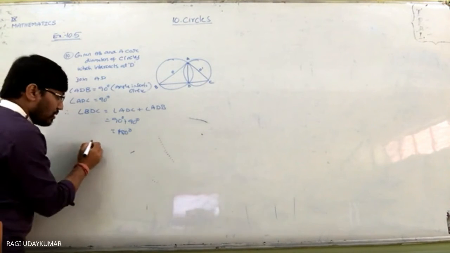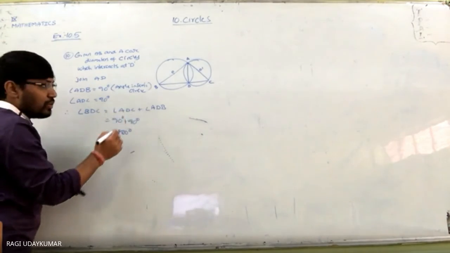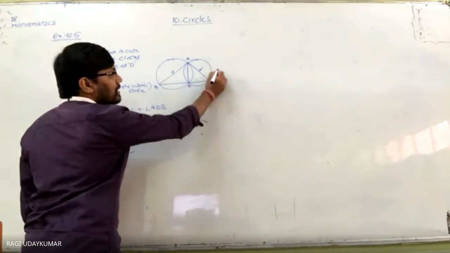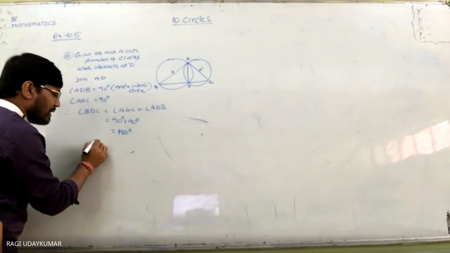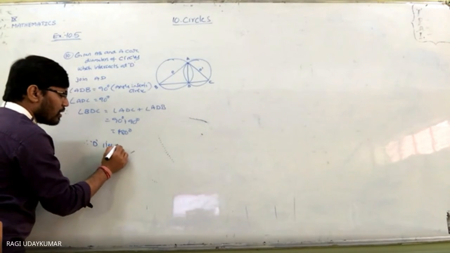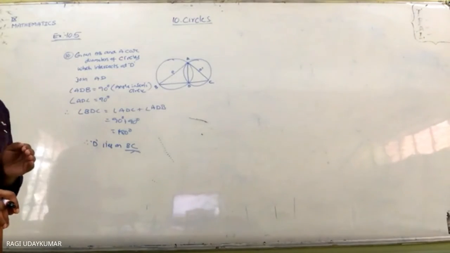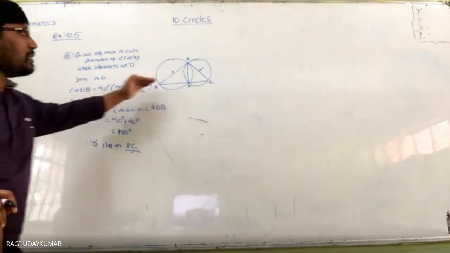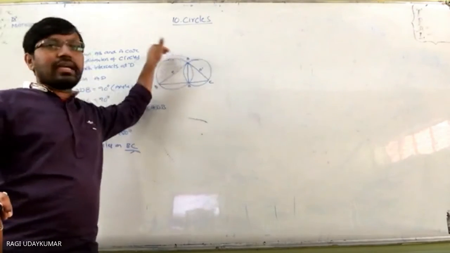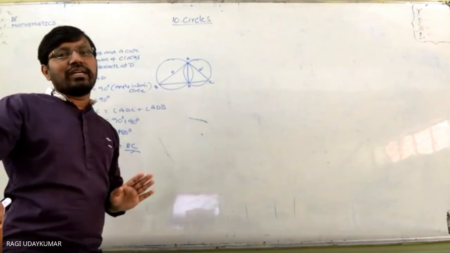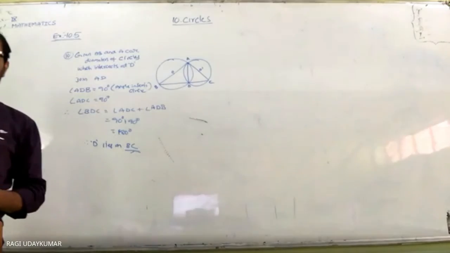Straight angle is nothing but 180 degrees. So no angle is formed here like this. Therefore, you can say that D lies on BC. So the intersecting point is lying on the third side, BC. So ABC is a triangle, and in that triangle we have proved that the intersection point lies on the third side.